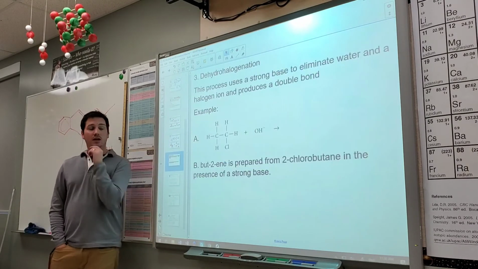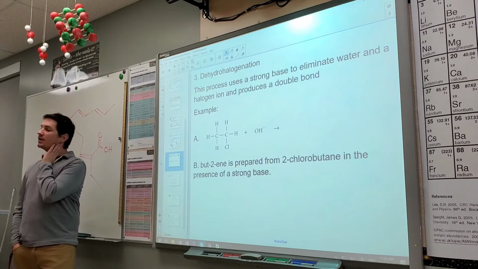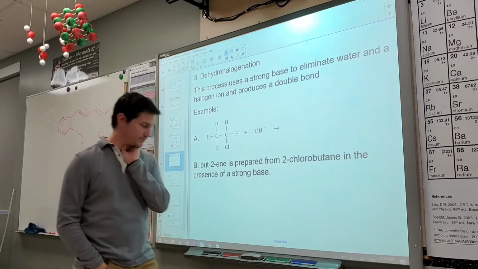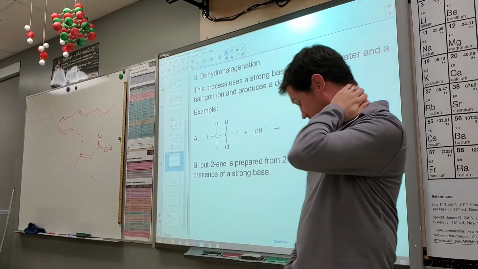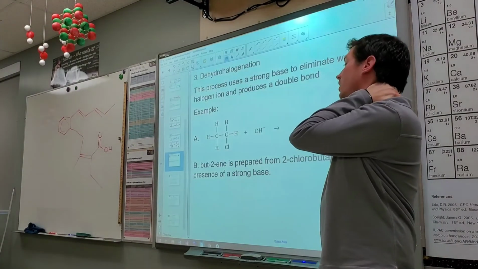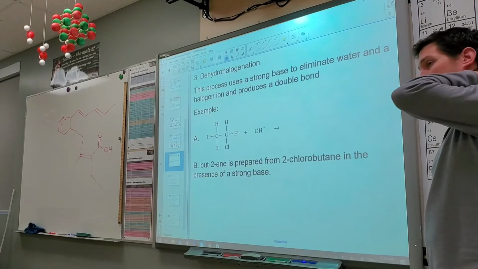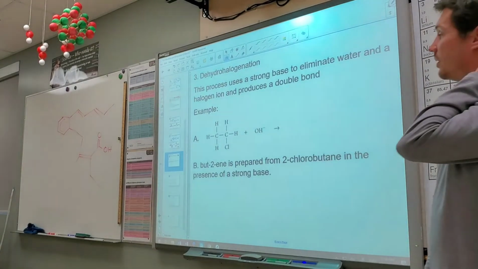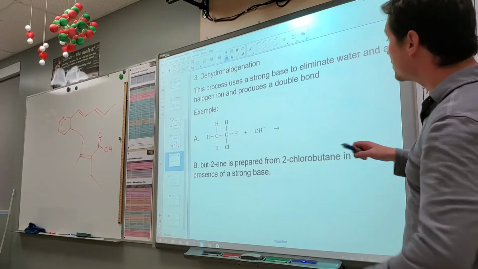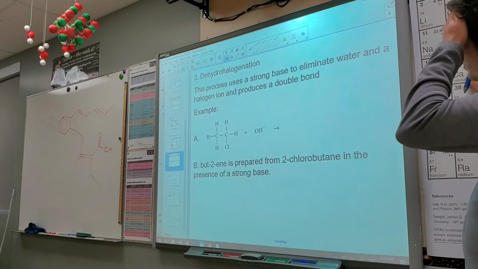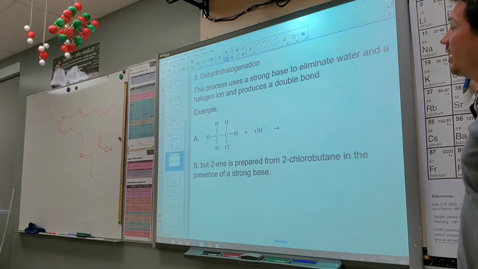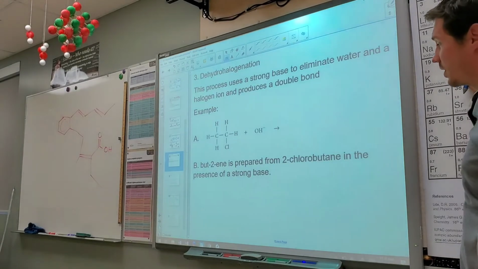Here we go. Finally, for the last one, dehydrohalogenation. What's happening here is this process uses a strong base to eliminate water and a halogen ion and produces a double bond, okay?